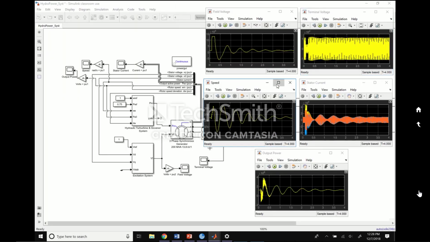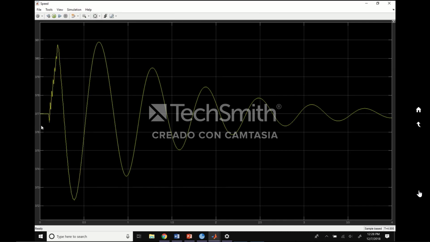Now for the speed, this is in radians per second, and it spikes pretty fast because of the fault, and then due to the feedback PID system, it will reach a steady state at about 377 radians a second.